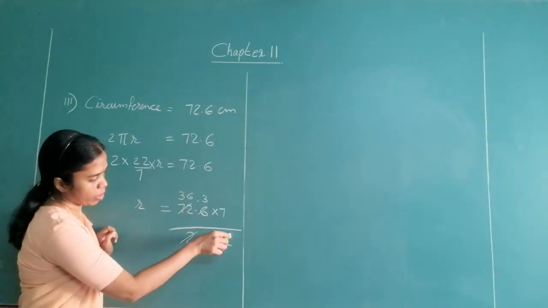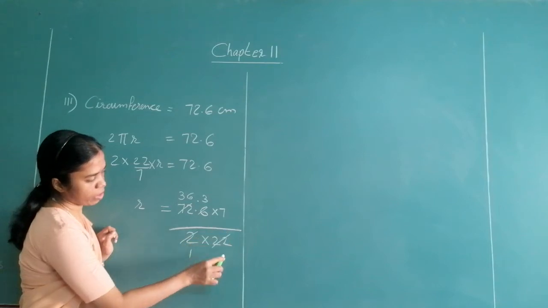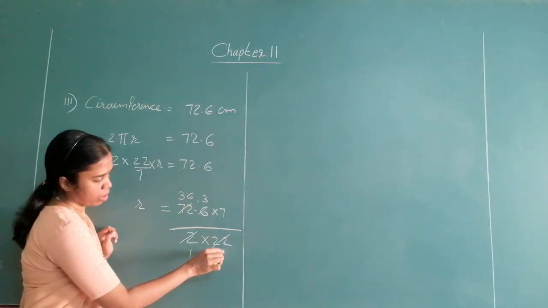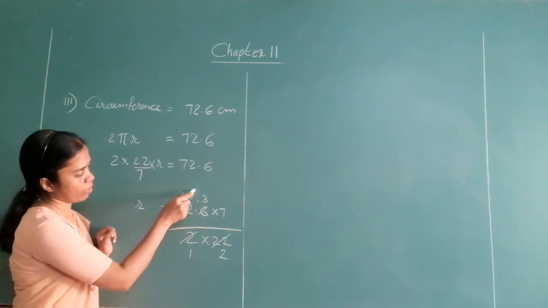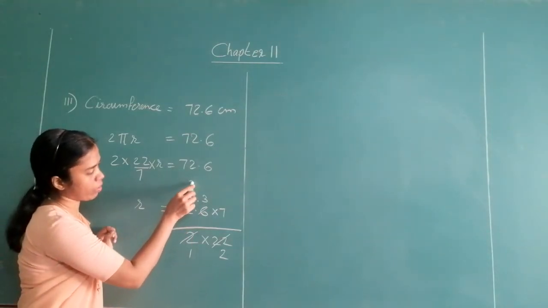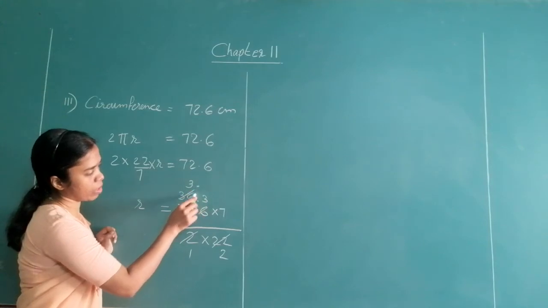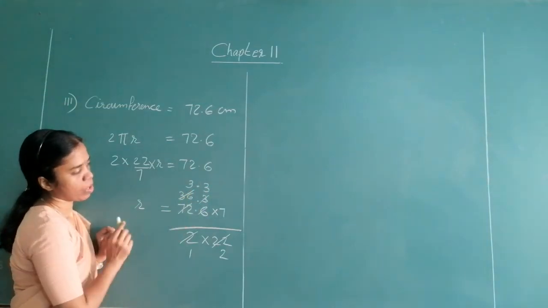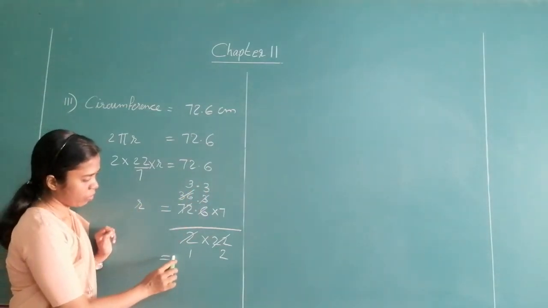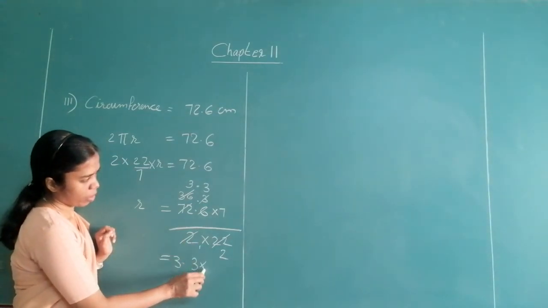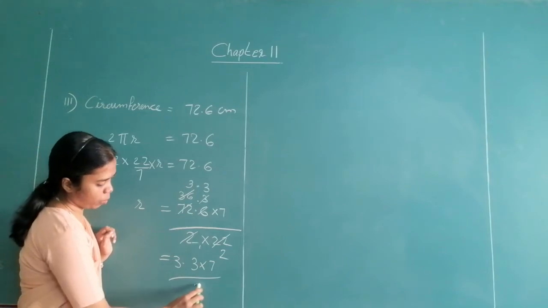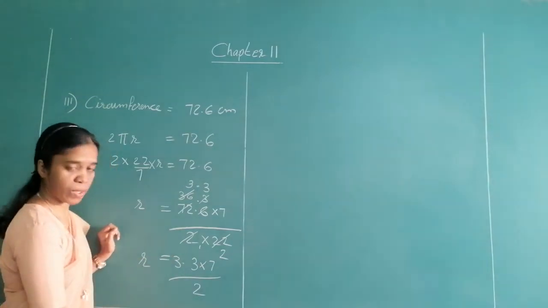Now 22, 11, 2 times 11. Now 11 in 36 you will have 3 times, 3 carried. In 33 it will be 3 times. So 3.3. So what do you have over here? 3.3 into 7 upon 2. This is radius.